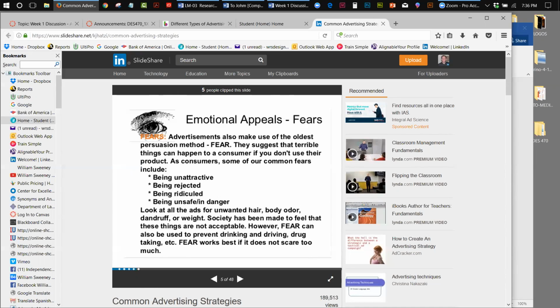However, fear can also be used to prevent drinking and driving, drug taking, etc. Fear works best if it does not scare too much. All these things are applied subtly, and they're applied to different levels, and they're applied with things such as humor, or with association. There's all sorts of ways that you can link something to something else to make these methods work.